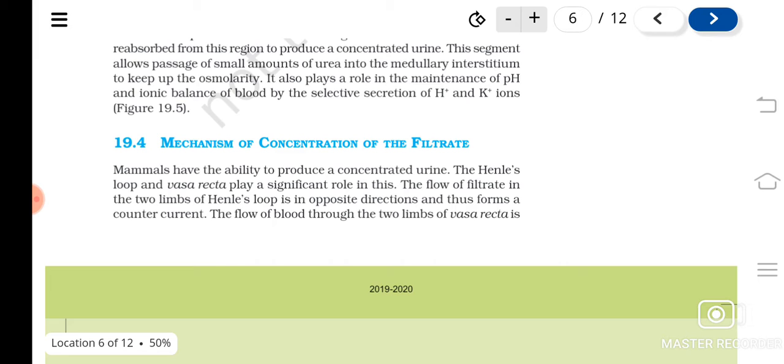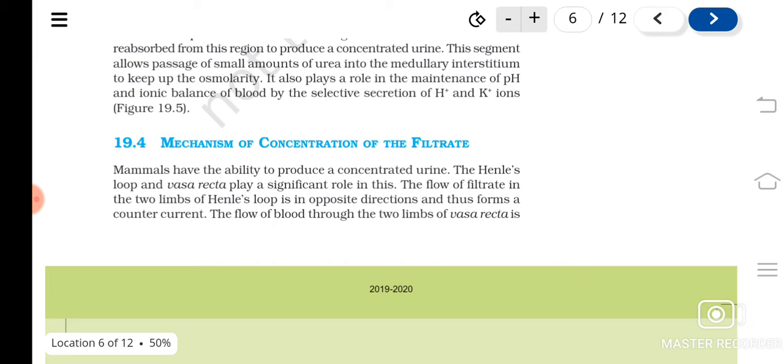So likewise, different parts of the nephron play an important role in the maintenance of ionic balance of the body, and also in the formation of urine.